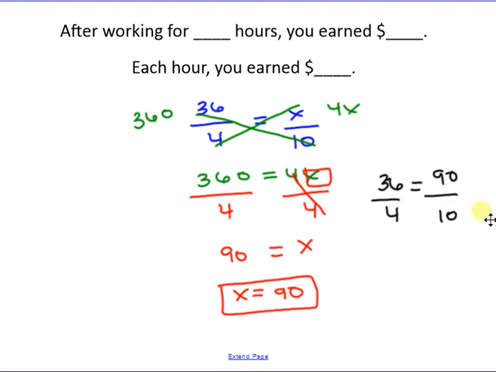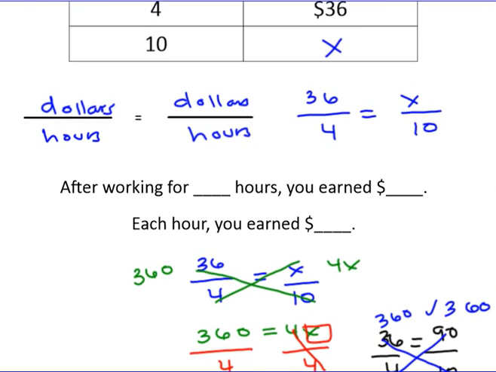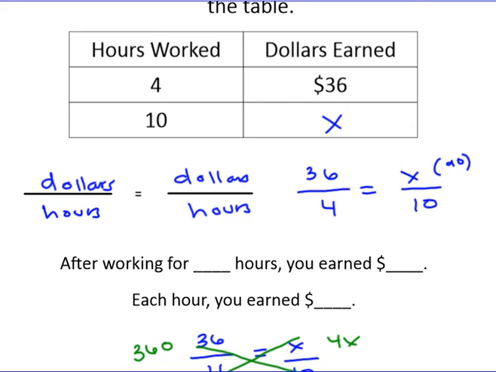Alright, so we have 4 times 90 is going to be 360, and 36 times 10 is also going to be 360. That checks out. So this is going to be $90. So after working for how many hours? 10 hours, you earn $90.